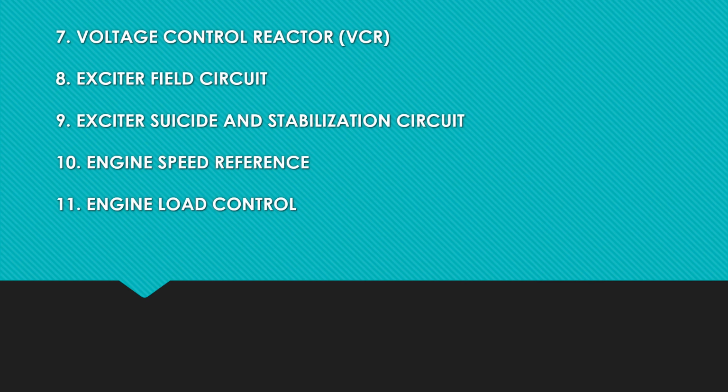Next we have the engine speed reference. The tacho generator on the diesel engine generates 3-phase AC with the frequency proportional to the engine speed. This is fed to a saturating type transformer whose secondary voltage is proportional to frequency. This has minimum effect of either temperature or voltage variation.